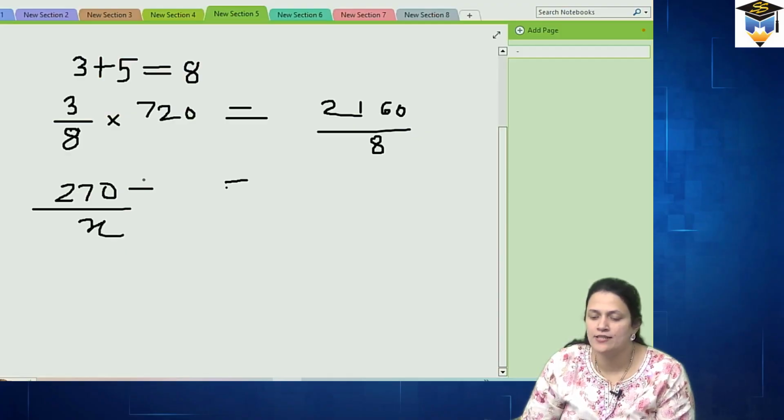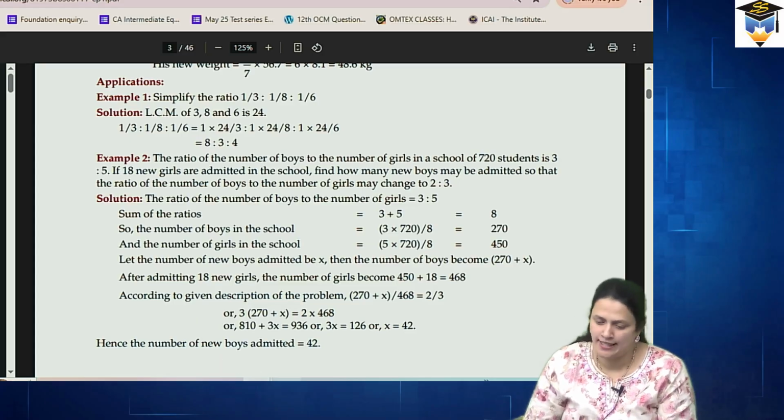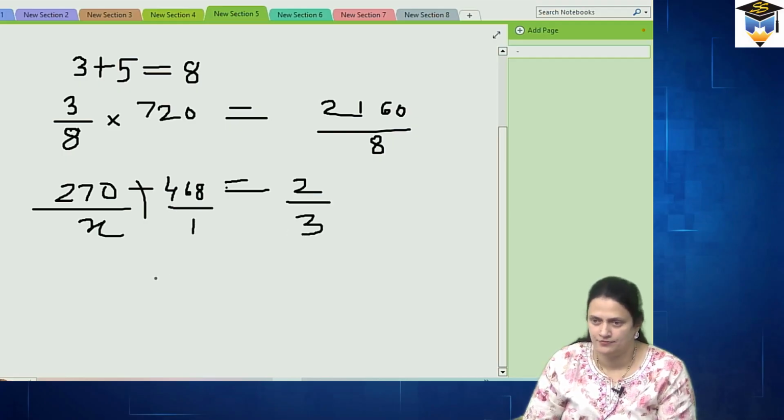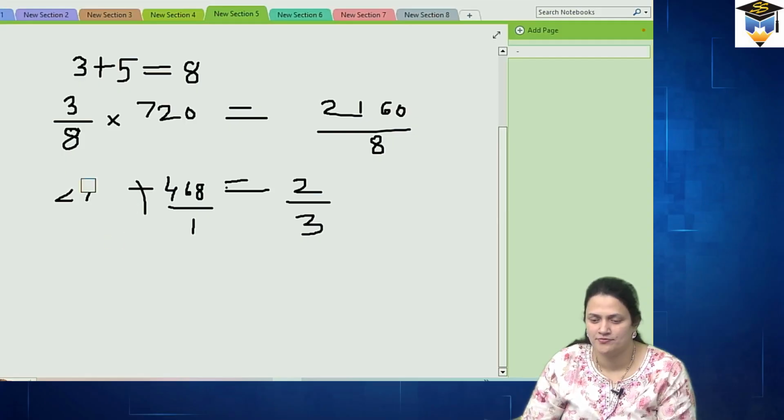270 plus x upon 468 is equal to 2 by 3. Now how will you solve this? Take the LCM.